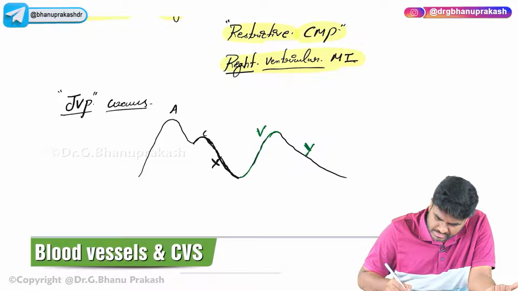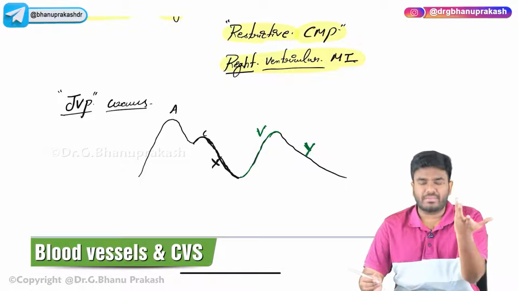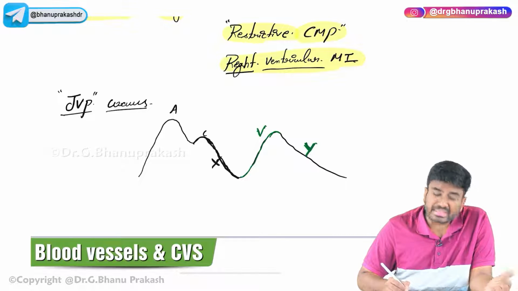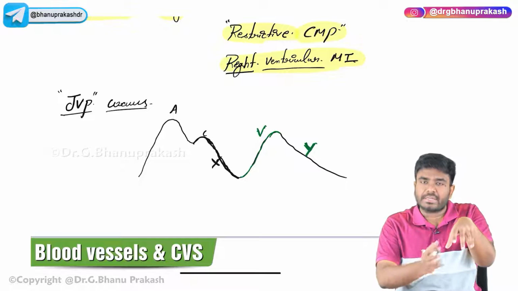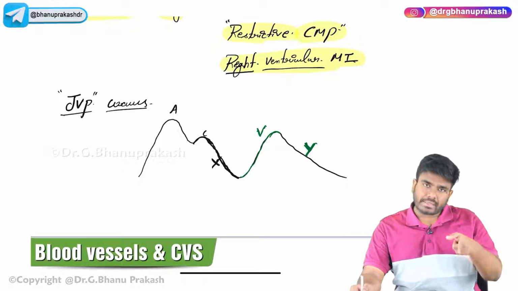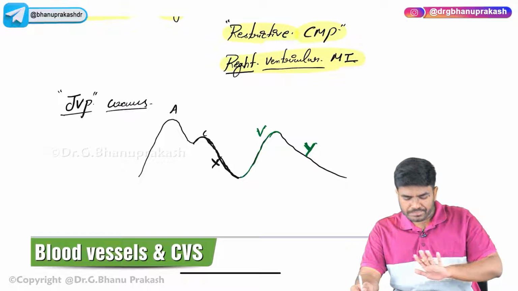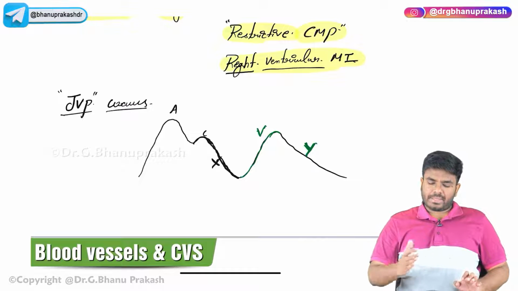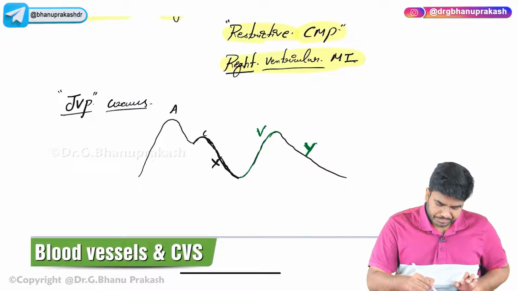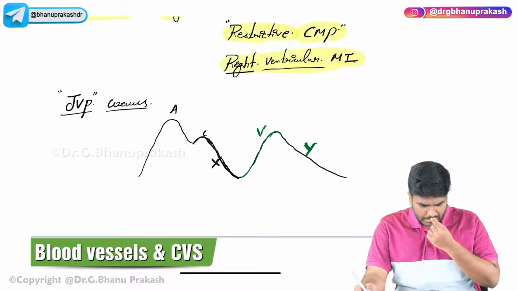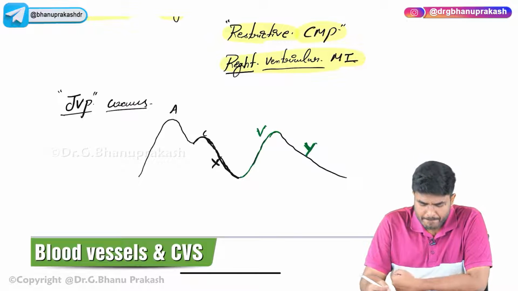V wave is because of the venous filling of the atria, and Y wave is because of the atrial emptying. Atria is emptying its blood into the ventricle, right atria emptying into the right ventricle. All these are happening on the right side. So these are the jugular venous pressures.